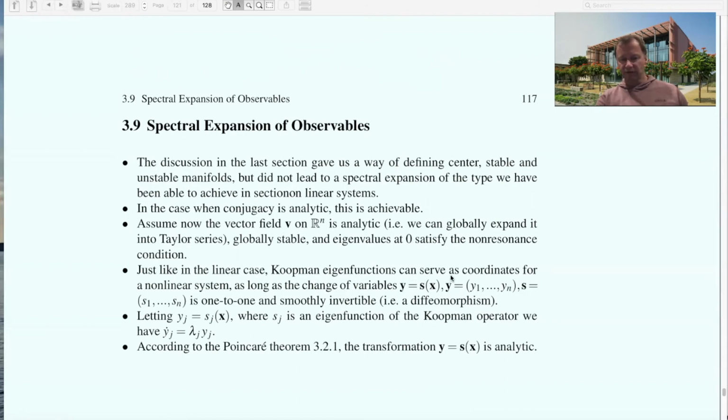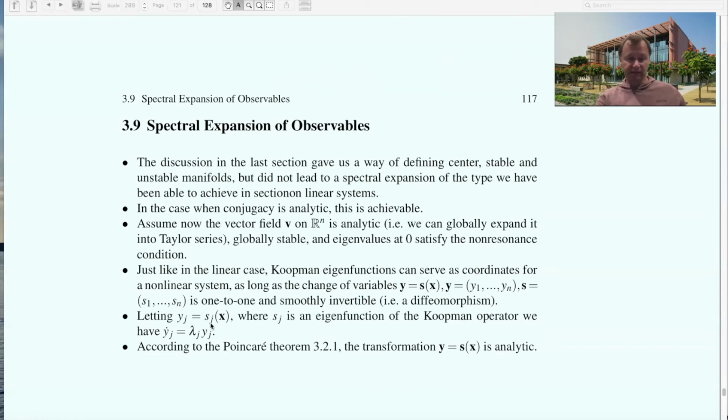The Koopman eigenfunctions themselves can serve as coordinates for a nonlinear system. I've just shown that on the example of isostables. As long as the change of variables from x, our original variables, to y, which is S of x being the n Koopman eigenfunctions, is one-to-one and smoothly invertible.